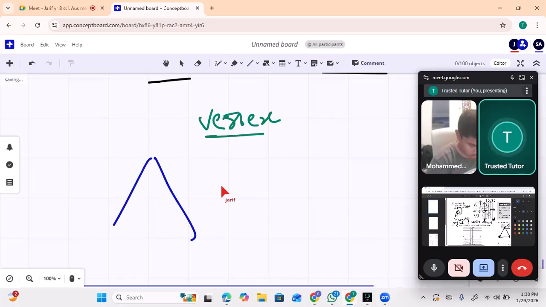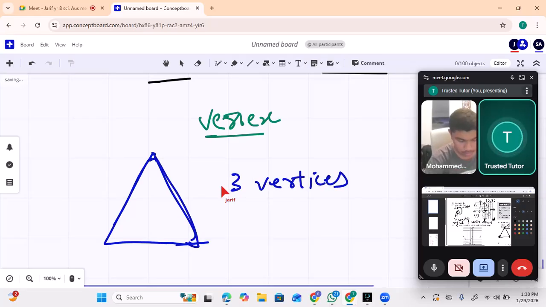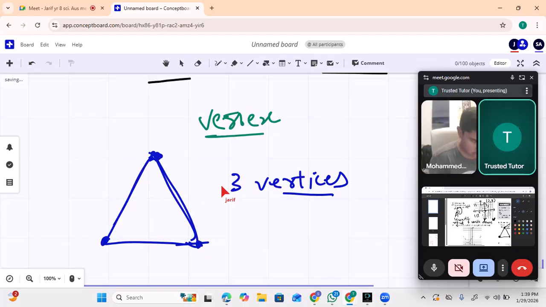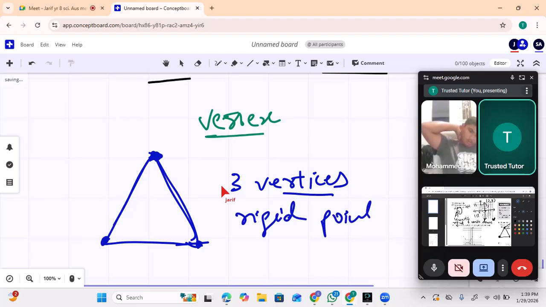So a triangle has three vertices. And why does it have three vertices? Because it is combined at three sides. It has three points, which you can say are rigid points, which are not movable.